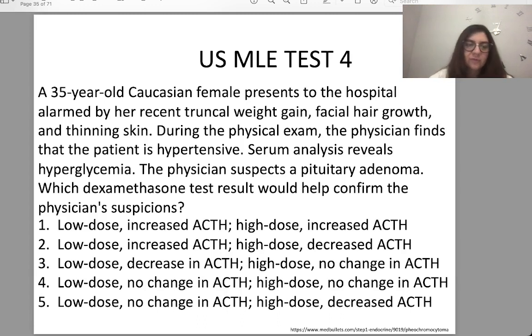First option, low dose increased ACTH, high dose increased ACTH. Low dose increased, high dose decreased ACTH. Low dose decreased, high dose no change ACTH. Low dose no change, high dose no change ACTH. And fifth one, low dose no change, high dose decreased ACTH.